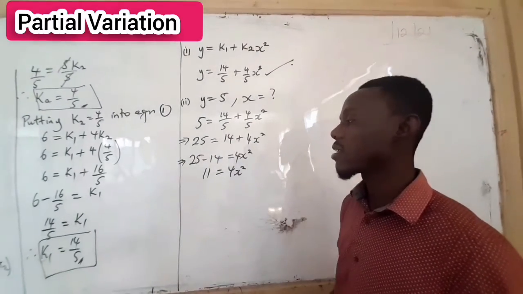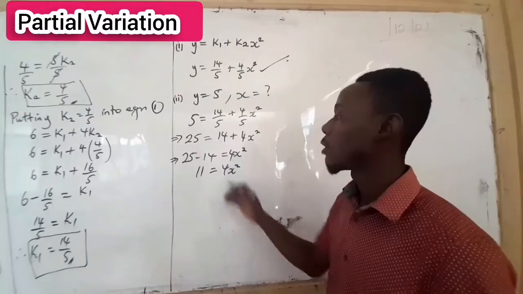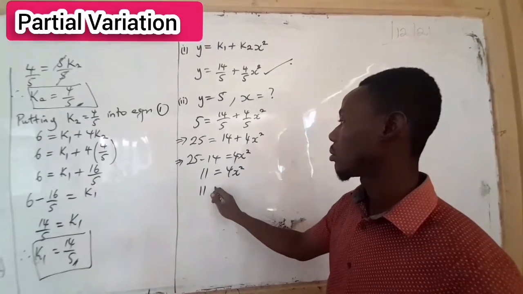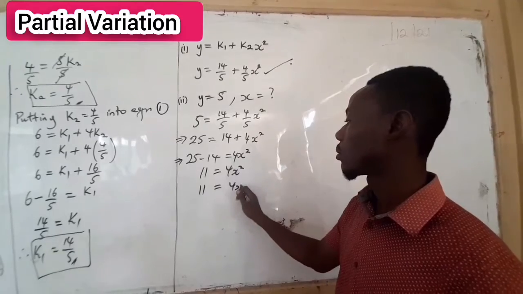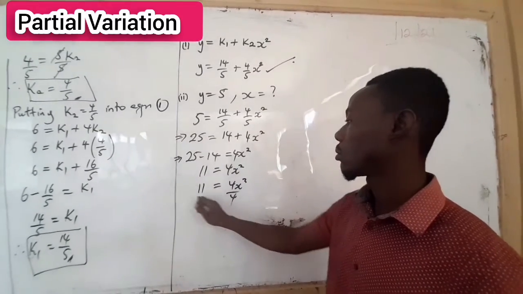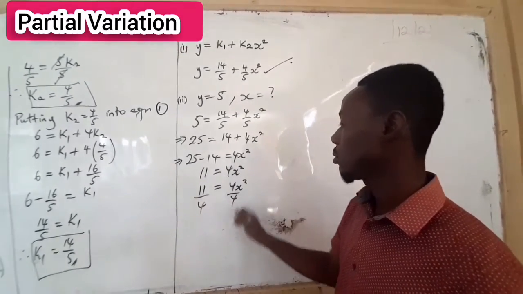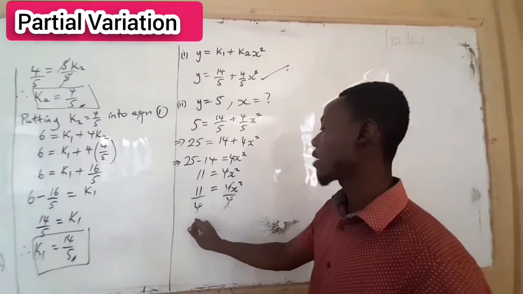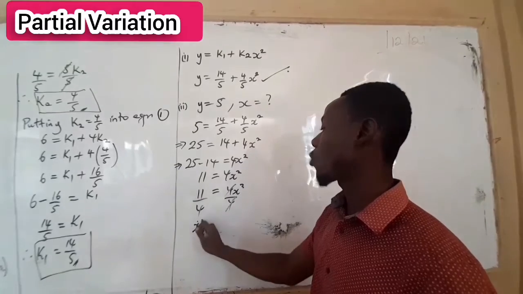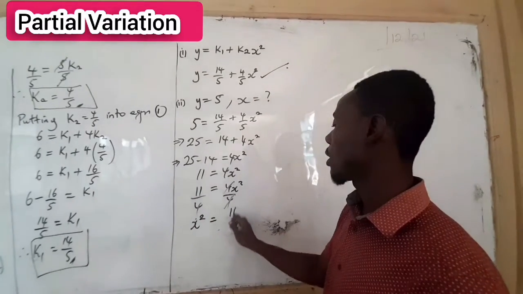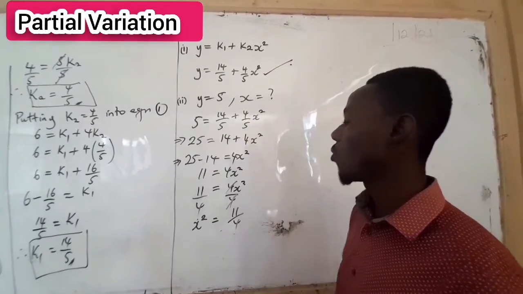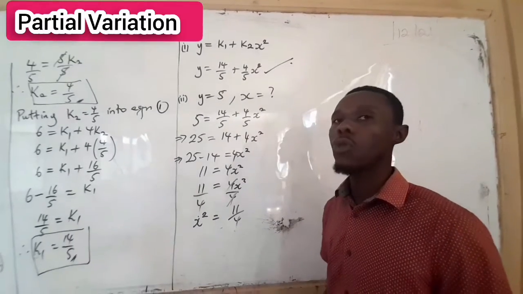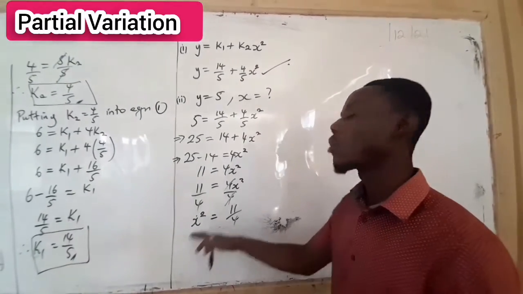We want x, therefore we divide both sides by 4. When we divide both sides by 4, we get x squared equal to 11 out of what? 4. But we also want what? X. So we take the square root of what?